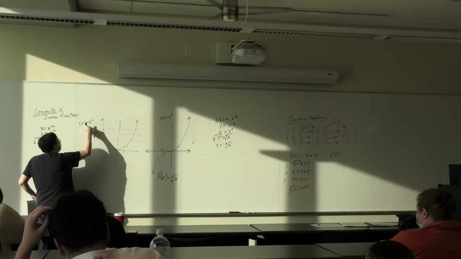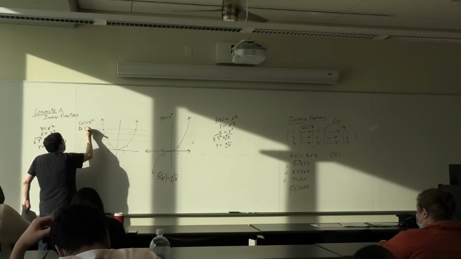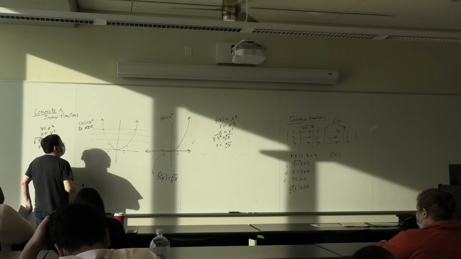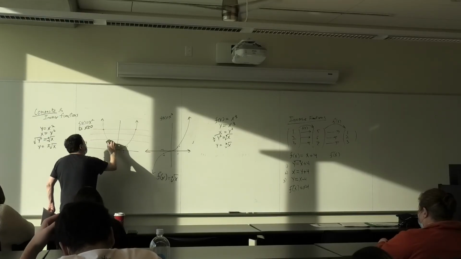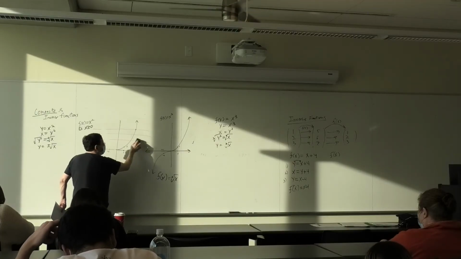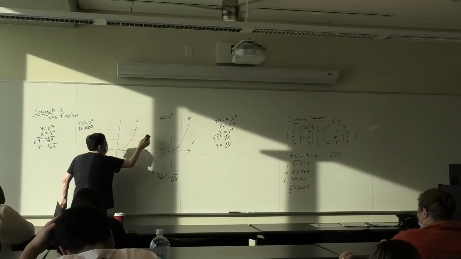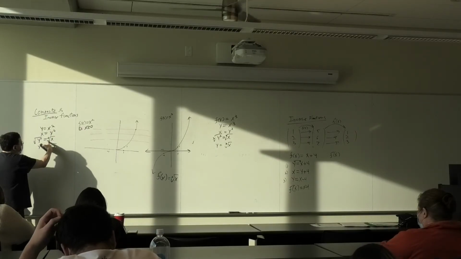Here, I'm going to change this function. I'm going to say the domain is now x greater than or equal to 0. Well, what that means is this whole part of the graph goes away. And now the horizontal line test passes. And now the minus goes away.